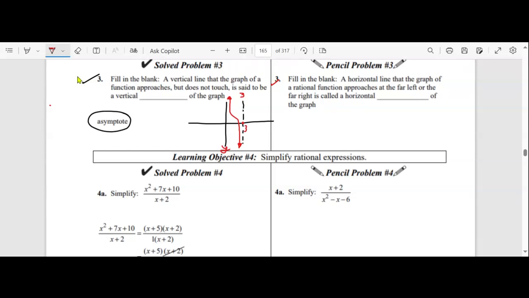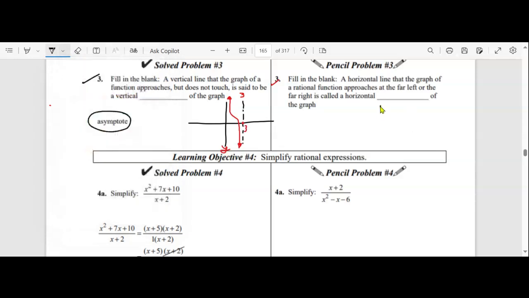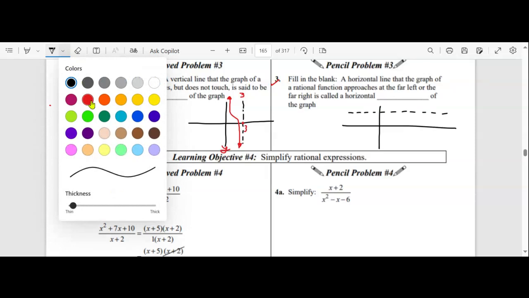So how can we graph this? Do you know how to graph this? Anyone? A horizontal line that the graph approaches, for example, let's make a dotted line here, and then you make a graph like this.